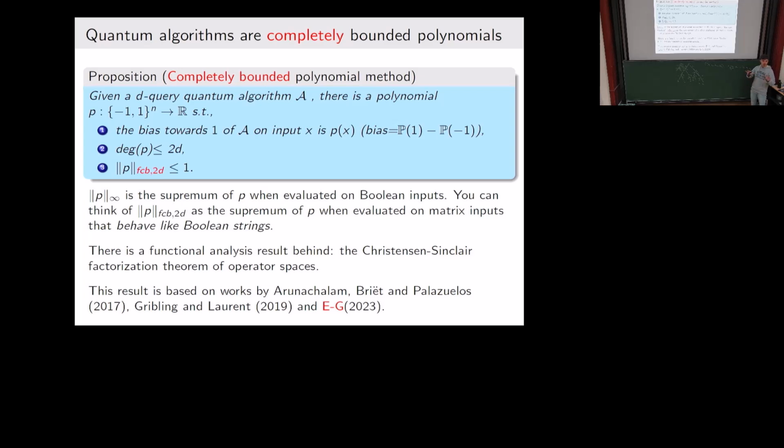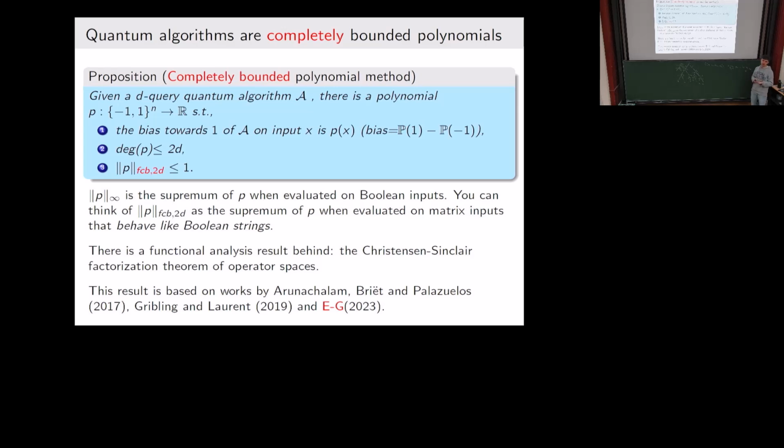For those of you that don't know what a semi-definite program is, it's just a linear program where you can also have some extra restrictions that say that certain matrices are positive semi-definite. It's not very important, but Gribling and Laurent showed that the norm that was appearing in the original version of the result by Srini and friends can be phrased as a semi-definite program.